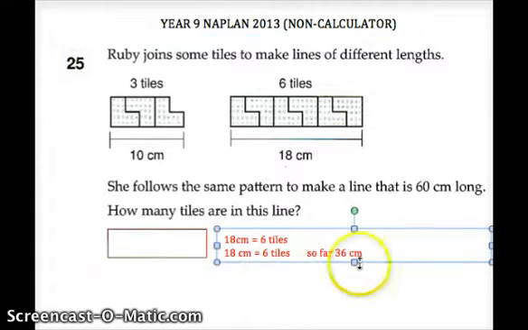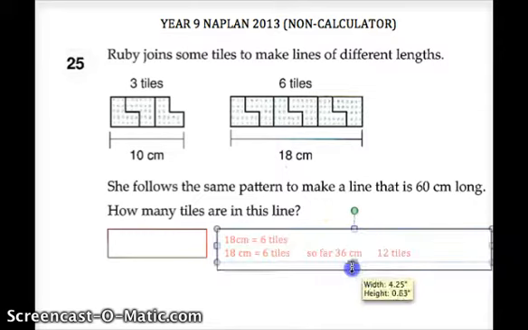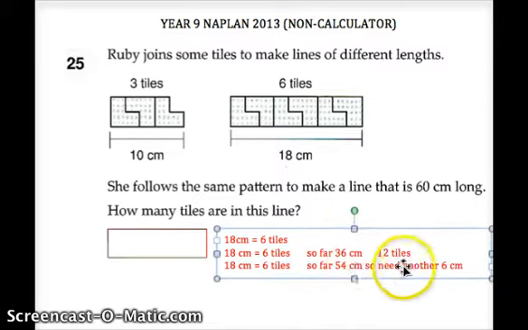So far we've got 12 tiles and 36 centimetres. Then if we add another 18 centimetres, we'll have 54 centimetres and a total of 6, 12, 18 tiles so far.